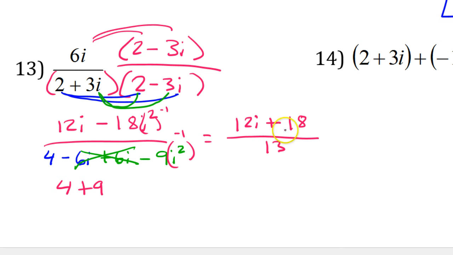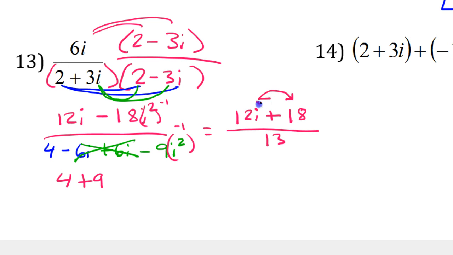Okay, so now I'm going to do two things. The i term is supposed to go second. So I'm going to wind up switching these terms of the numerator around. So I'm going to write 18 plus 12i in that order.